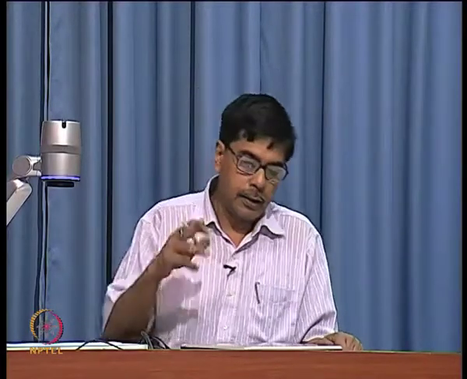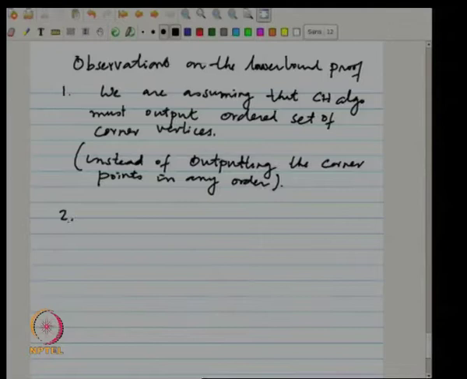And number 2, what was just observed here is that I could be interested in an algorithm where I only have to identify which are the corner points. I do not have to output them in any given ordering.